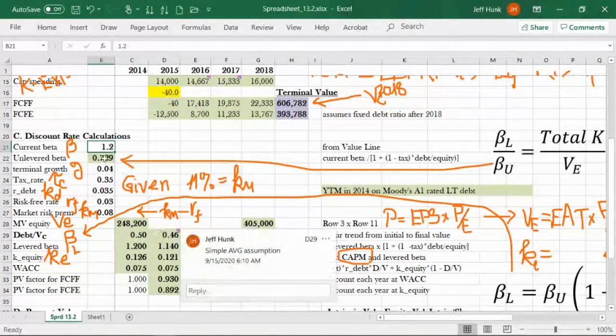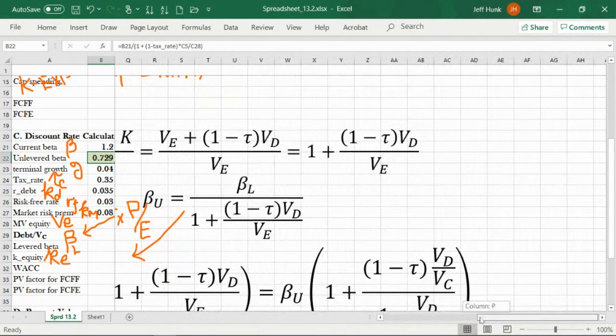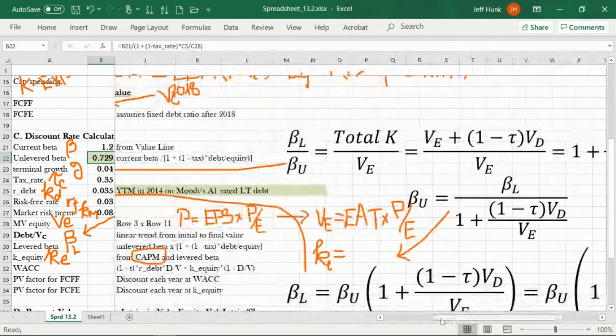So how did they calculate this? Okay, they use this formula. Where did that formula come from? Basically I got the idea from the capital structure.